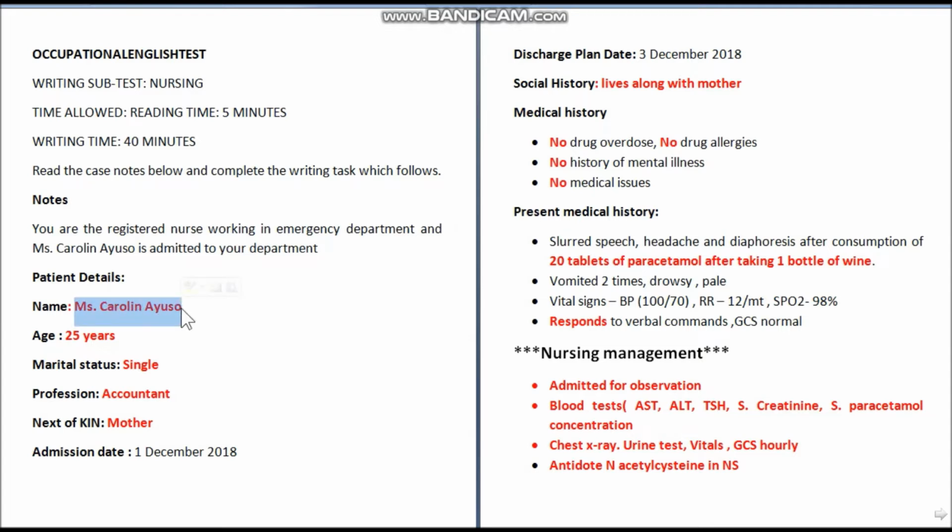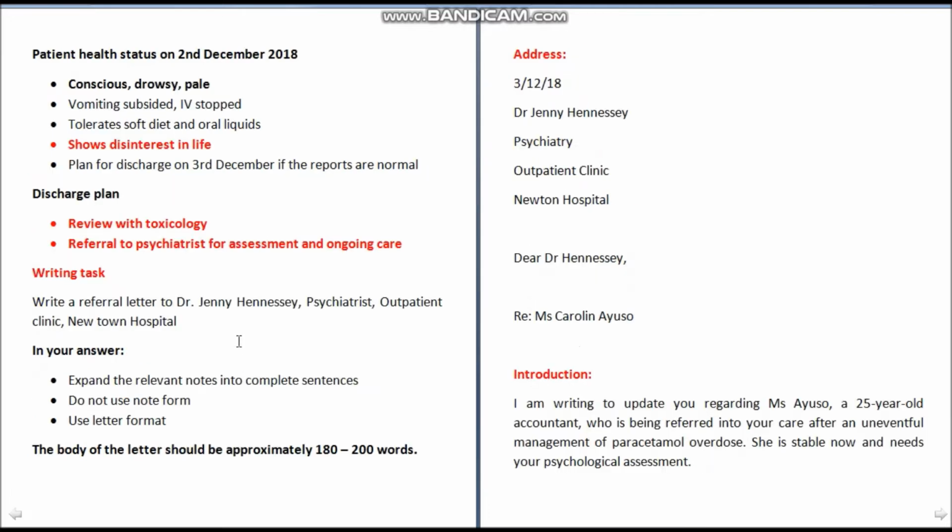This is the name of the patient and this is the age of the patient: Miss Ayoso, 25 years old. So there are three things to include in the introduction. One is the patient detail, which we have. One is the diagnosis, which we have to search for. And the third is the purpose, that is referring to the psychiatrist for assessment.